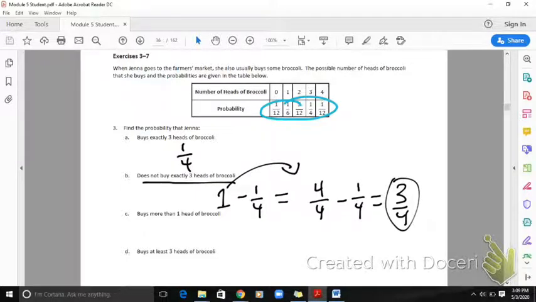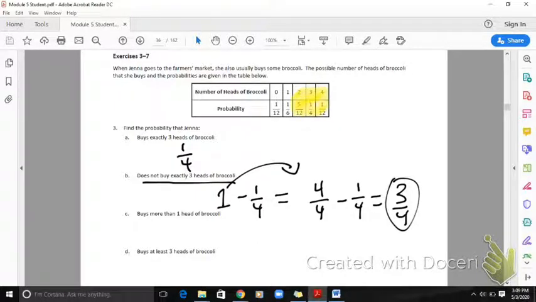Okay, so looking at question C. Find the probability that Jenna buys more than 1 head of broccoli. So more than 1 head means anything greater than 1, right? So that would include 2 broccoli heads, 3 broccoli heads, or 4.